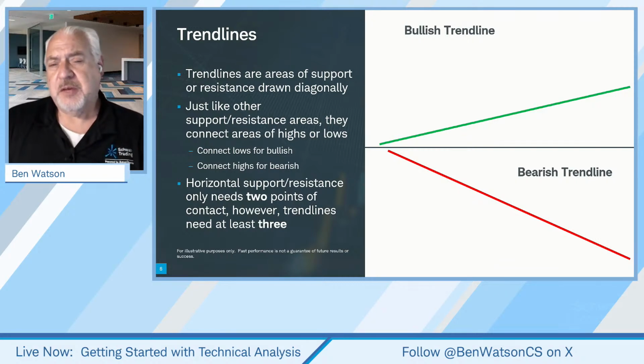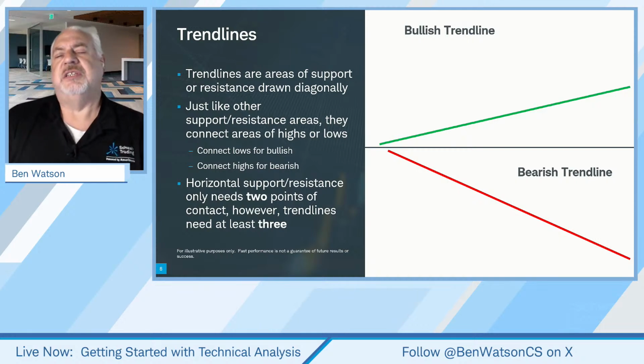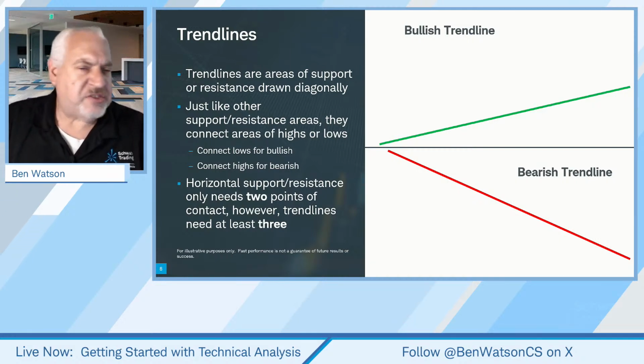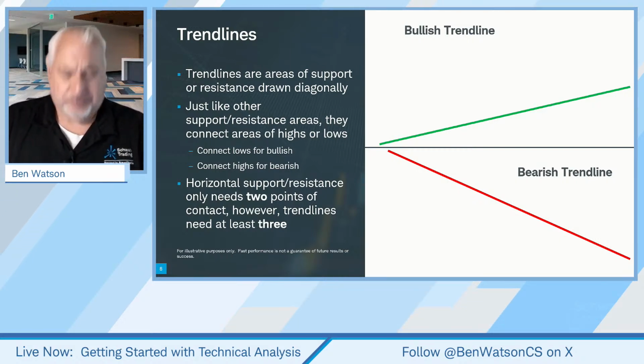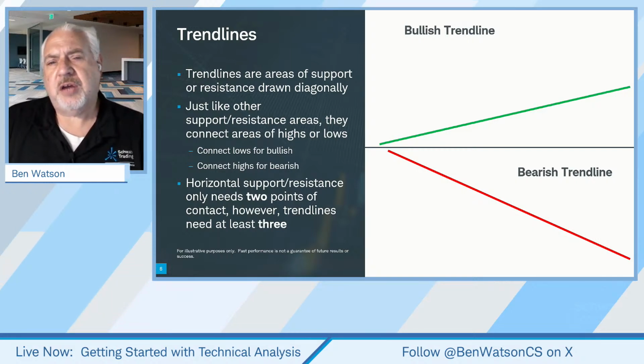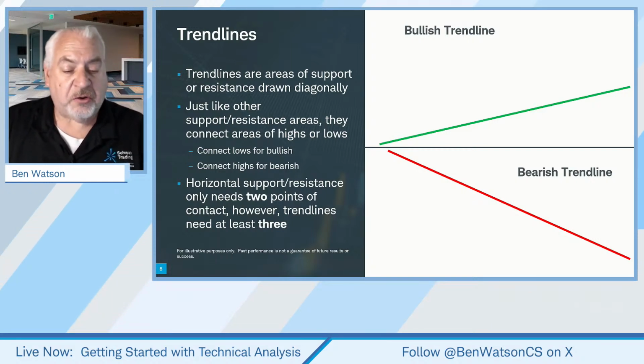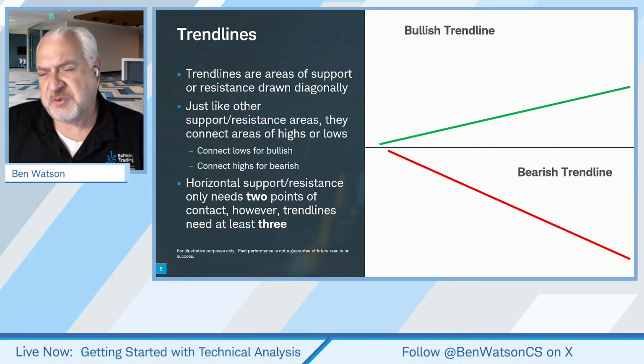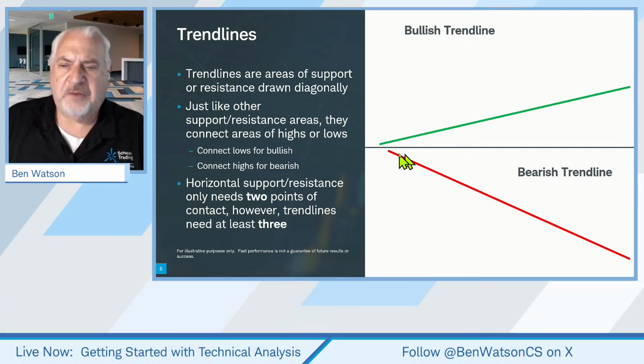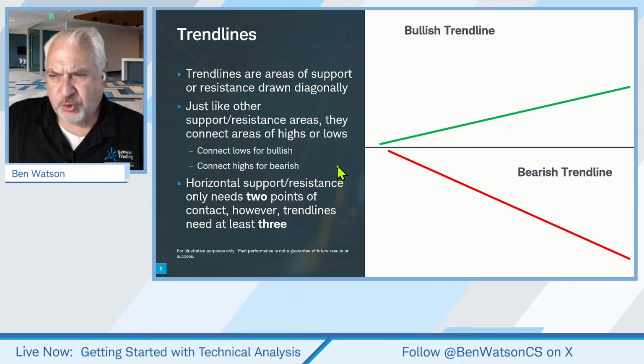Or if price bounces up from that level of support, meaning the moving average in this case, then buy the stock, right? So that's the approach that we take to not only horizontal levels of support and resistance, but also diagonal levels of support or resistance.